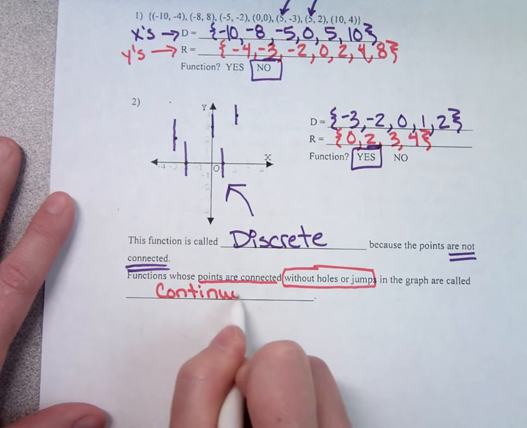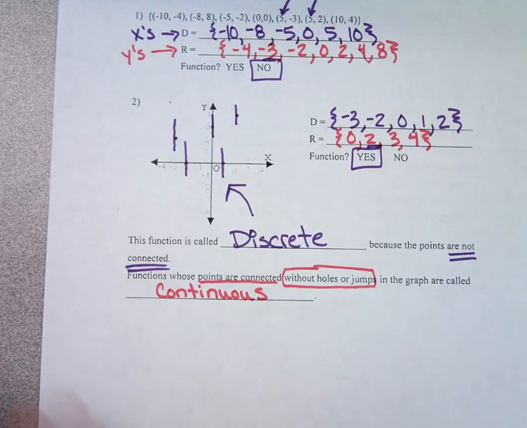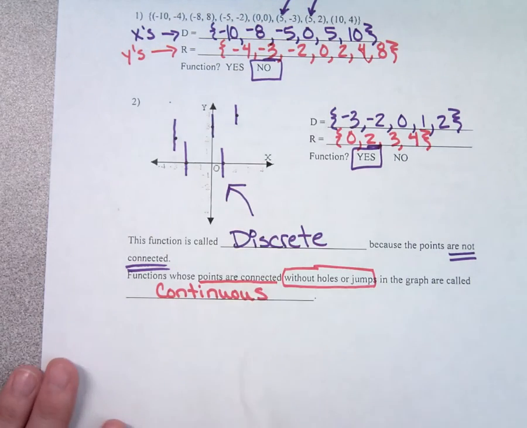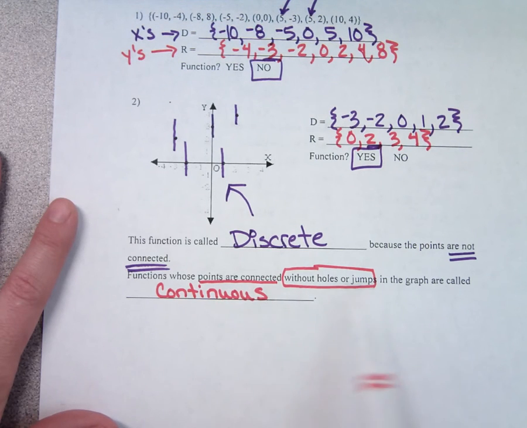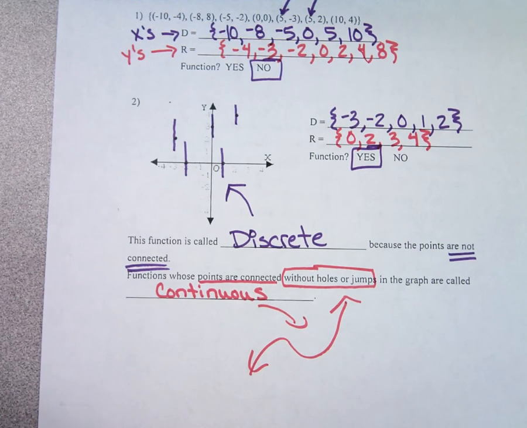And these are words that we would have talked about earlier in the year. It's just been a while. So if you just see random ordered pairs, there's jumps in the graph or skips in the graph, that's called discrete. But if you see a graph that's smooth, there's no holes, there's no jumps, then it's called continuous.